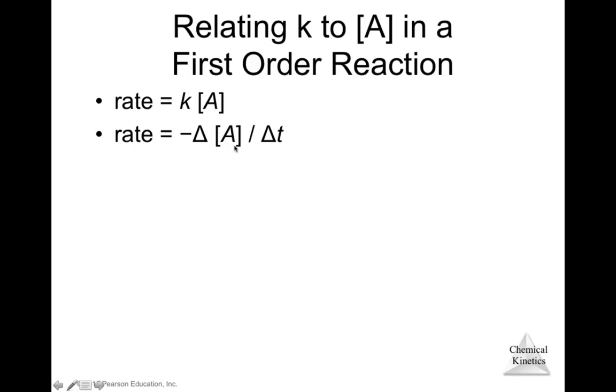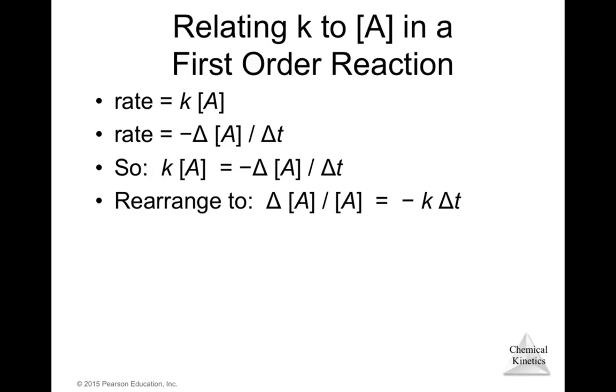Remember that A is a reactant, so that's why we have a negative. So this is the expression of rate, and this is the expression of rate, so they are equal. So we have that K times the concentration of A is equal to minus change in concentration over change in time.